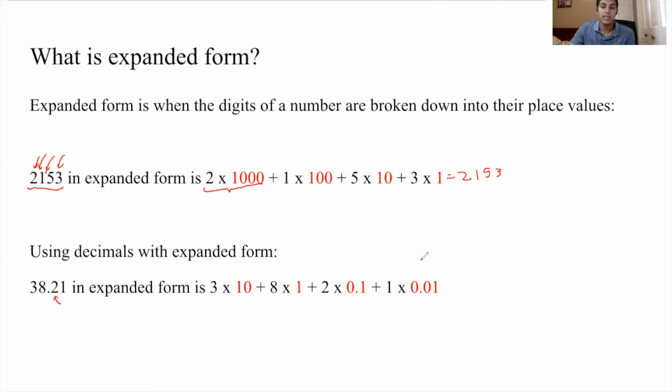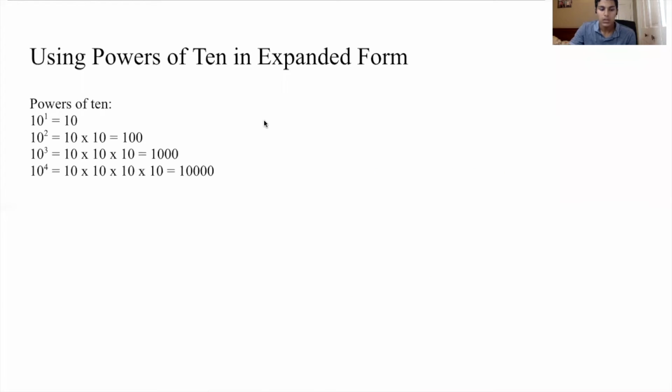And we can use this idea to use powers of 10 for expanded form as well. So let's take a look at that. To use powers of 10 in expanded form, we first need to understand exactly what powers of 10 represent. Powers of 10 is when we have 10 times itself a certain amount of times, or 10 to the power of some number.